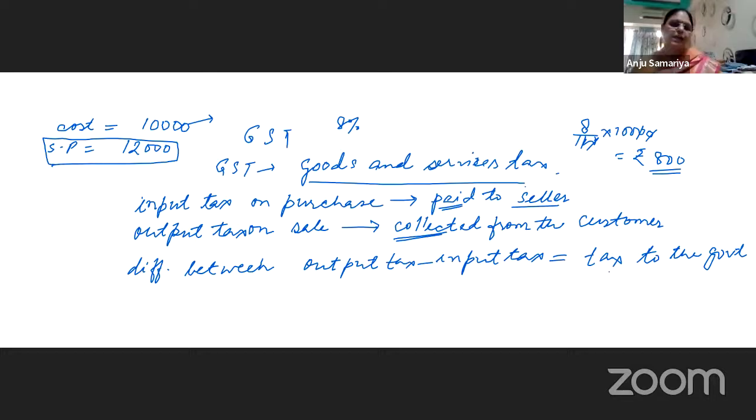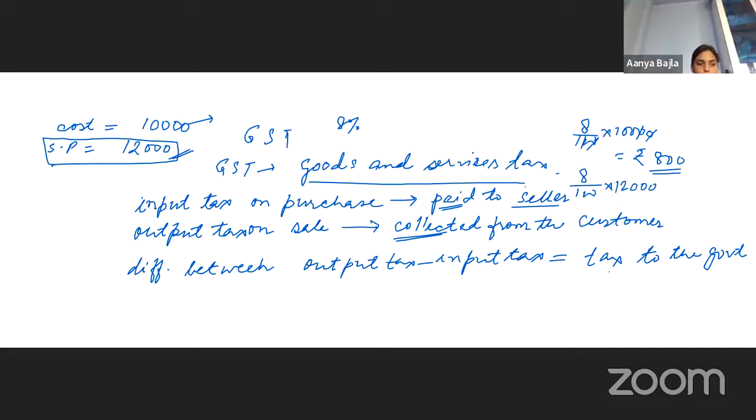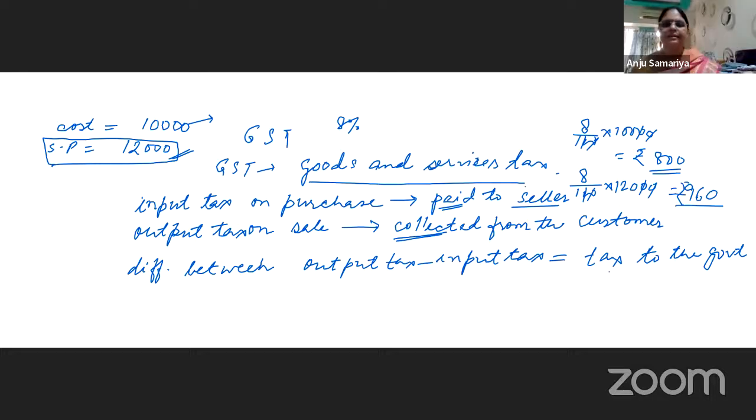So now I'm selling it to the customer. And how much am I charging the customer? 8% on 12,000 is 960.